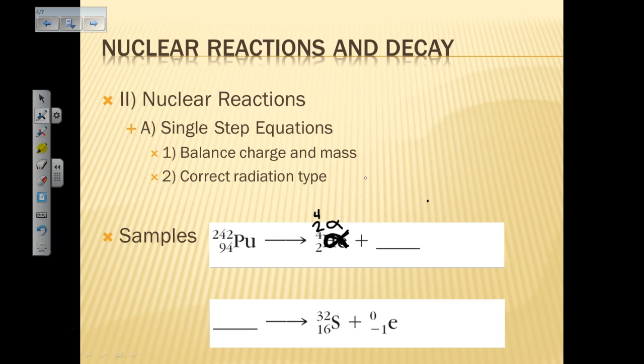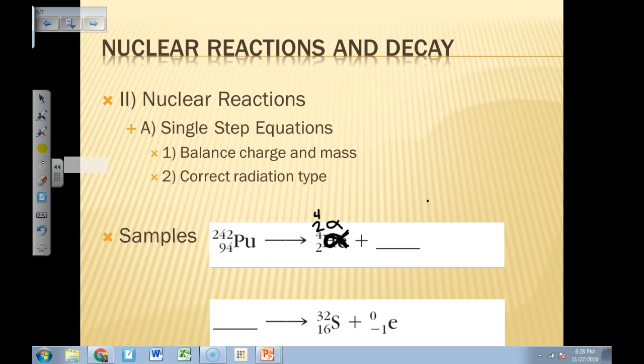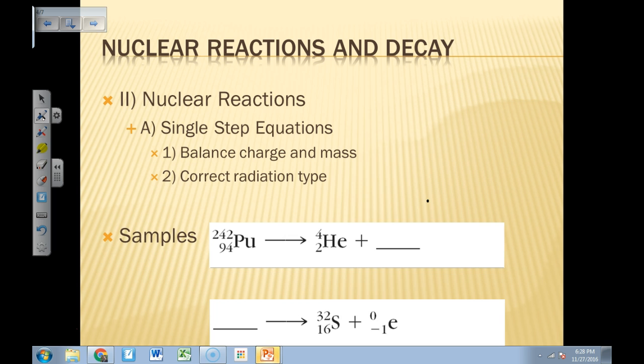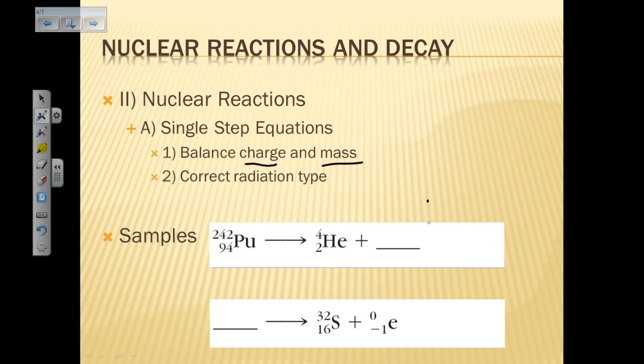If I put the alpha sign here, that tells me that we're dealing with radioactive decay, okay? And so when we do a single step reaction like this, all we have to do is balance this. We want to make sure that the charge and the mass are balanced. And so here we have a mass number of 2.